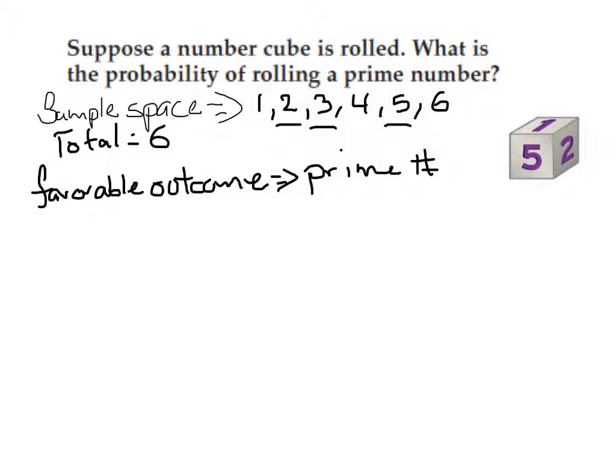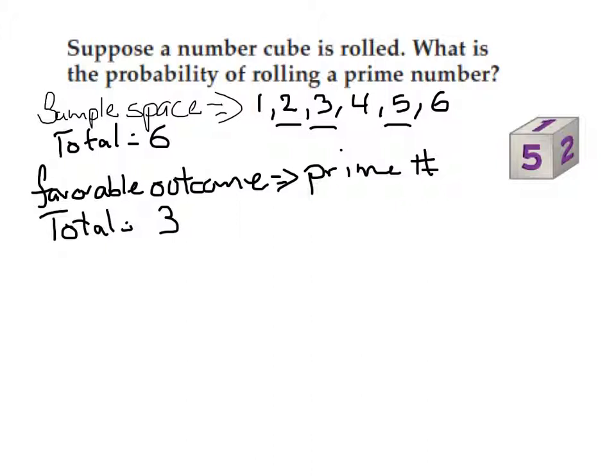We can't consider 1 because 1's an anomaly. And we don't consider 4 because 2 times 2 is 4 and 1 times 4 is 4. So it's got 2 sets of factors, and the same thing for 6, 2 times 3 and 1 times 6. So our favorable outcome, that total is 3.